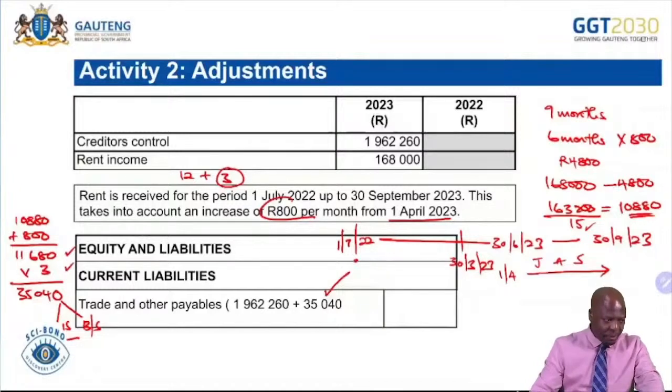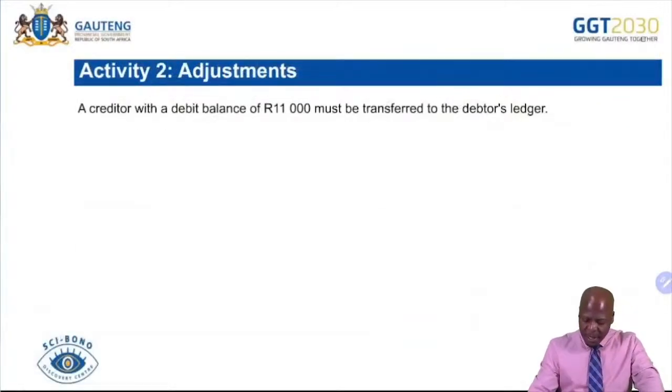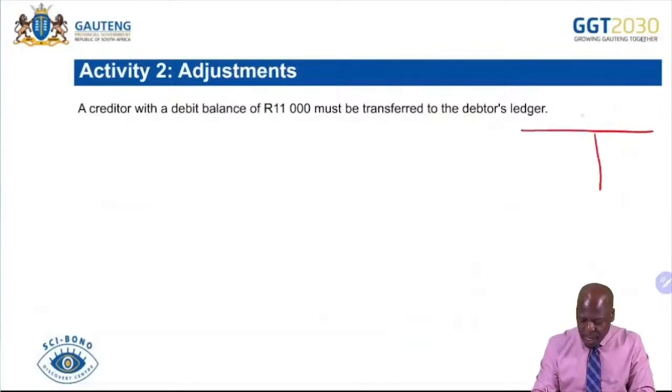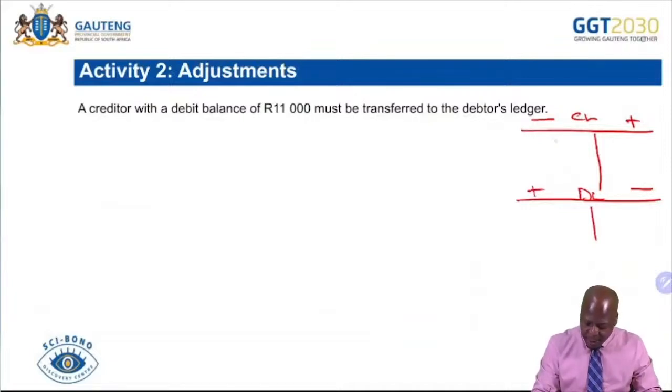Okay, let's do that. The next adjustment says a creditor with a debit balance must be transferred to the debtor's ledger. Okay, so if we have a creditor, so here I have my creditor's ledger, here's a plus and here's a minus. And here I'm going to have my debtor's ledger, which is a plus and here's a minus. A creditor with a debit balance, so here's a debit balance of 11,000, must be transferred to the debtor's ledger.